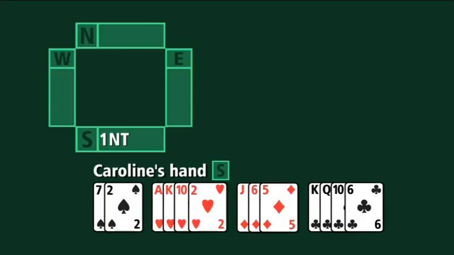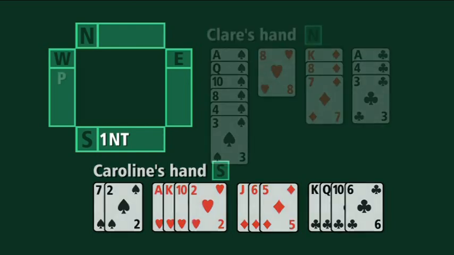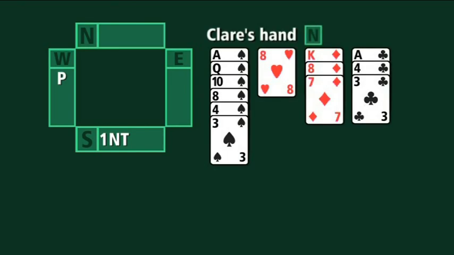So Claire, if you'd like to put your hand on the table, and we'll discuss what we think Claire should respond to partner's opening bid of one no trump. Now bear in mind the key point, which is that normally Claire can select the final contract immediately. So much does she know about her partner's hand.